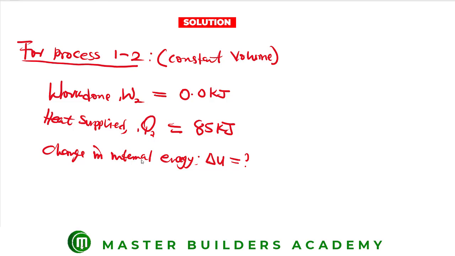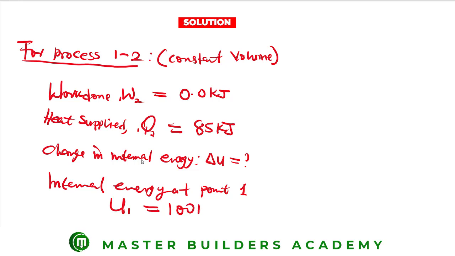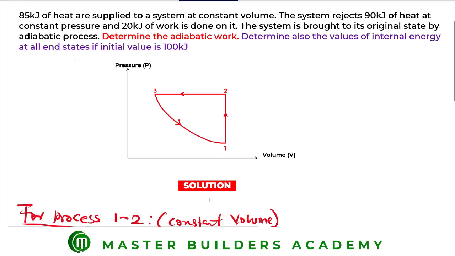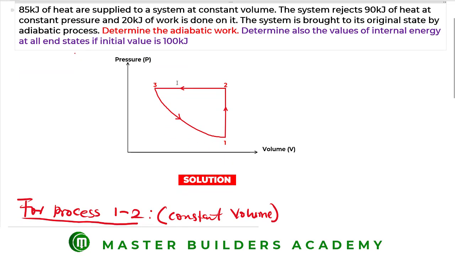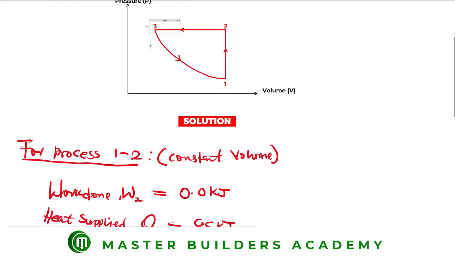We're given the internal energy at point 1, U1, which was given as 100 kilojoules. That's the initial value of internal energy. We are now asked to find the one at 2 and then the one at 3.